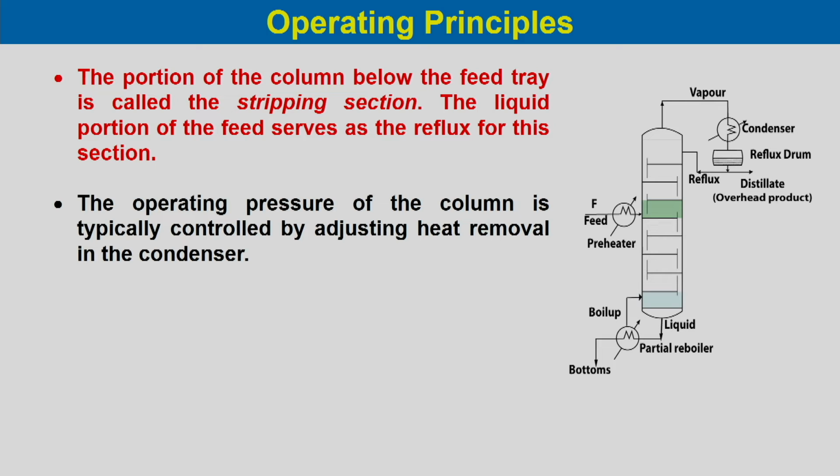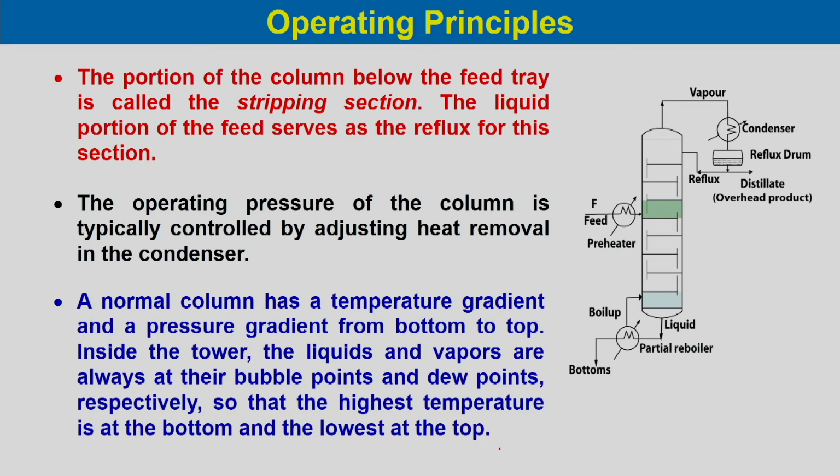The operating pressure of the column is typically controlled by adjusting heat removal in the condenser. So, depending on the pressure you want, you can control it by operating the condenser heat removal.